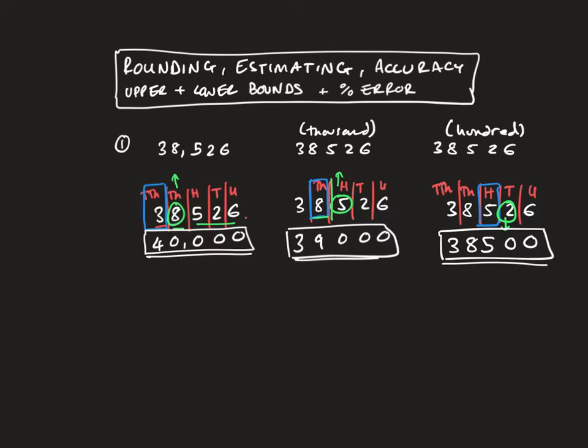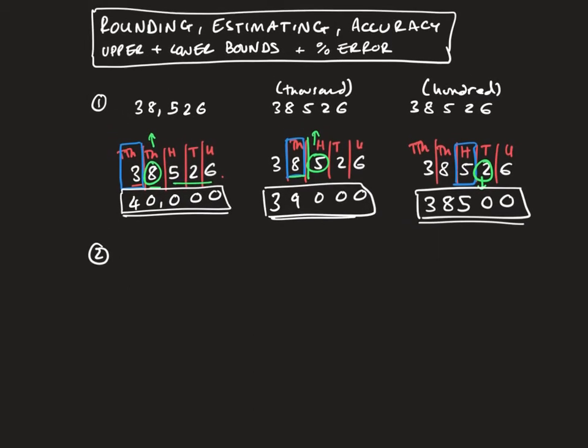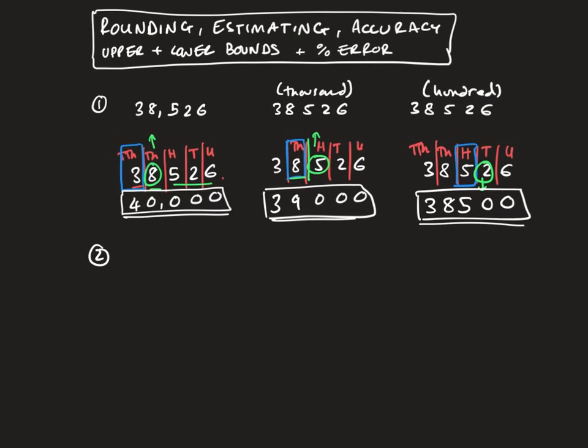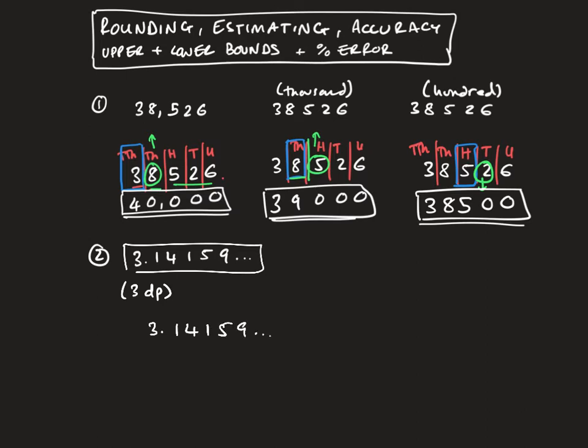Now, the next type of rounding is where you're asked to round to decimal places. So say, for example, I've got pi, 3.1415... Now if I'm asked to round this to 3 decimal places, I take the number, this is my representation of pi, and write 3.14159.